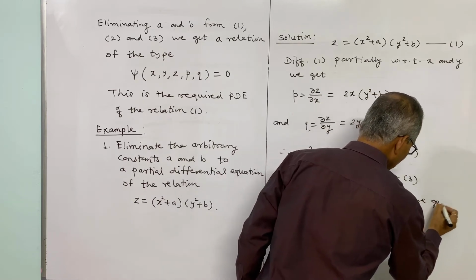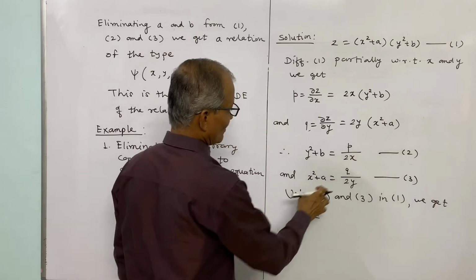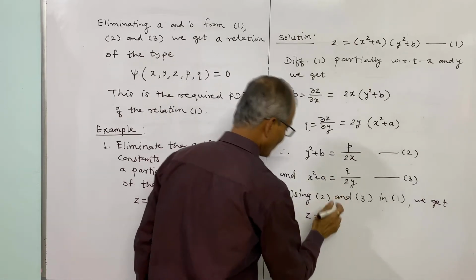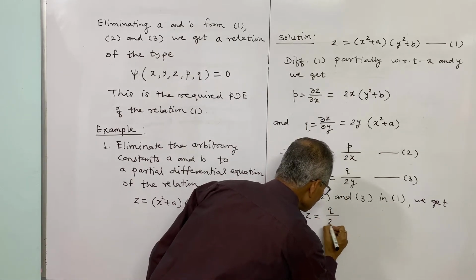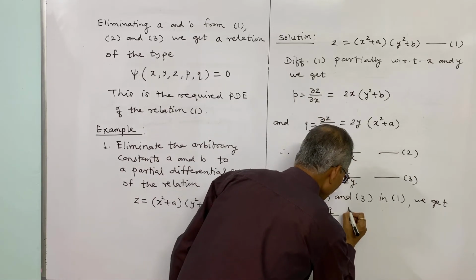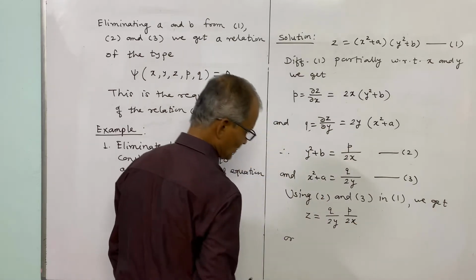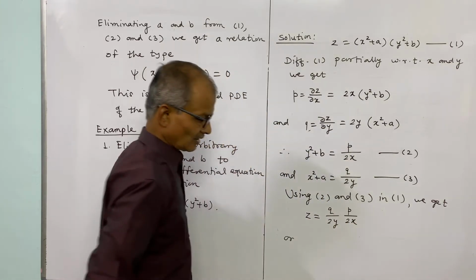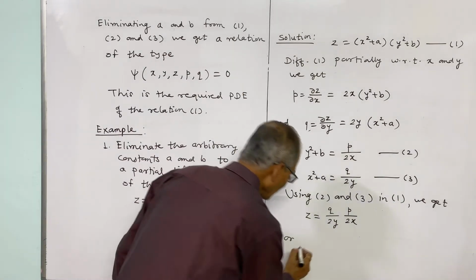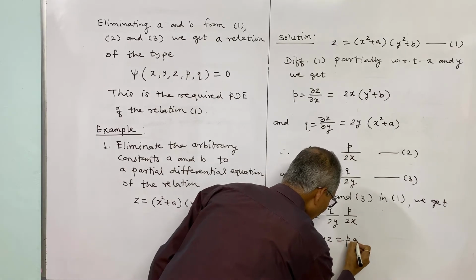So we get z. z is x square plus a, that is q upon 2y, and y square plus b, that is p upon 2x. Or this is same as 4 times xy times z, that is 4xyz is equal to pq.